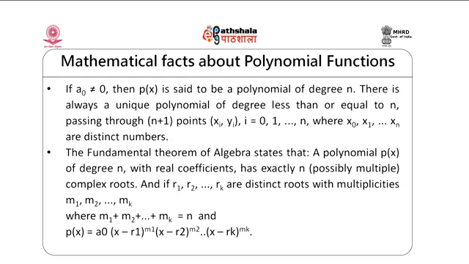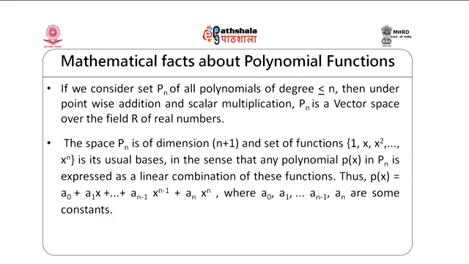Say these roots r_1, r_2, r_k are distinct roots with multiplicities m_1, m_2, m_3, m_k. Then the sum of the multiplicities will be equal to n, and your polynomial p(x) can be represented as a_0 times (x minus r_1) raised to m_1 times (x minus r_2) raised to m_2 and so on. This product continues up to (x minus r_k) raised to m_k. So, each factor appears to the degree of its multiplicity.